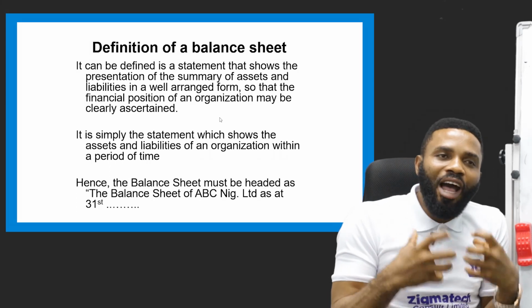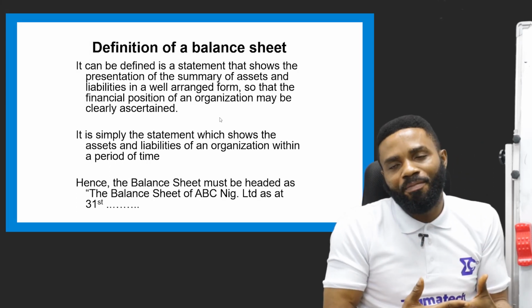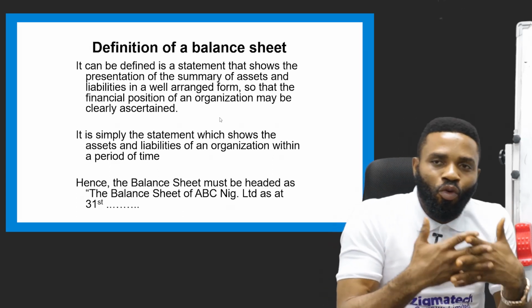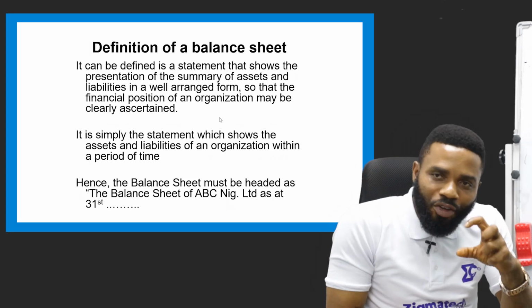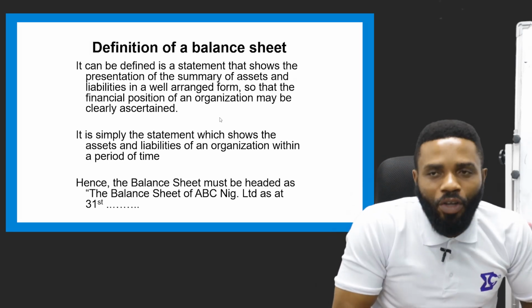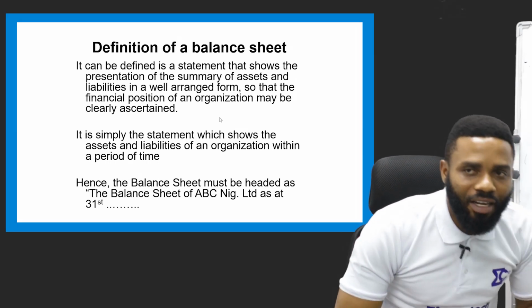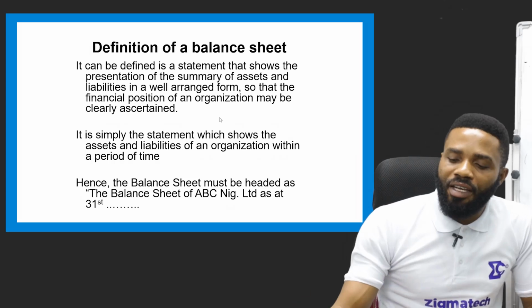And then the owner of the statement: in whose name are you preparing the statement? Which particular company owns the statement? You must indicate the name of the company. And the last but not the least is the period for which the statement is being prepared.